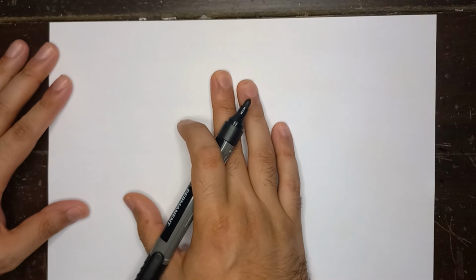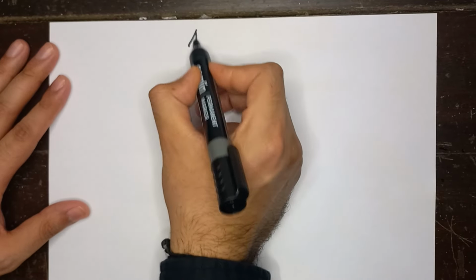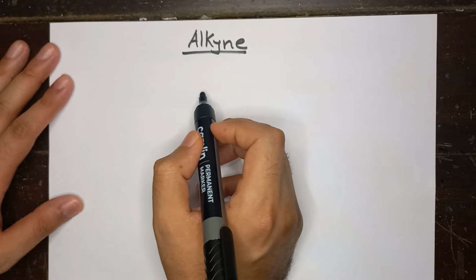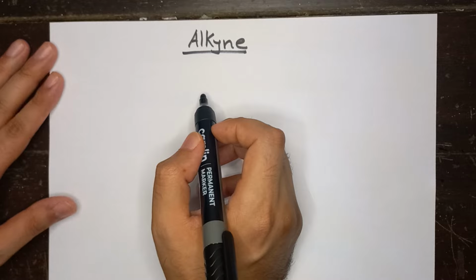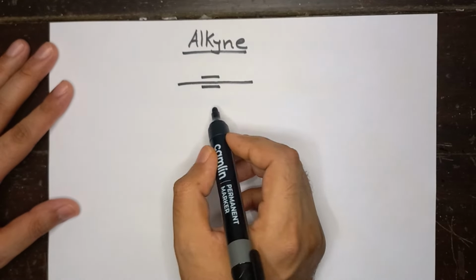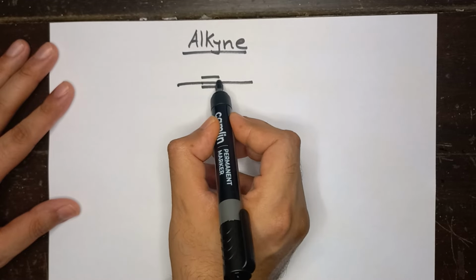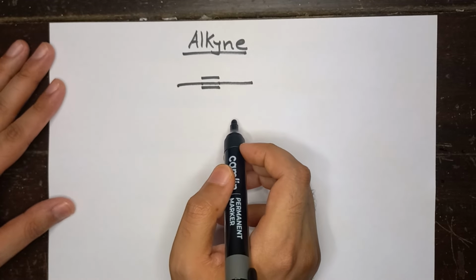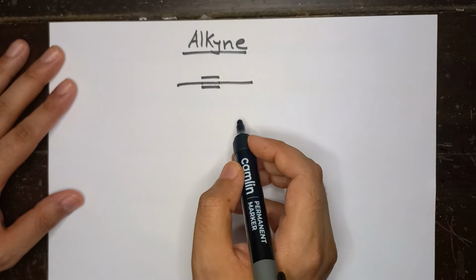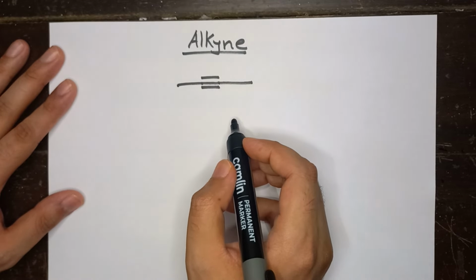Okay, so now let's talk about alkyne. So alkyne is a triple bond. Okay, so this is an alkyne. This is a carbon, this is a carbon, this is a carbon, and this is a carbon. Now, excuse me, this is an internal alkyne.